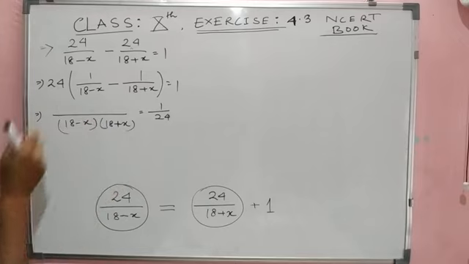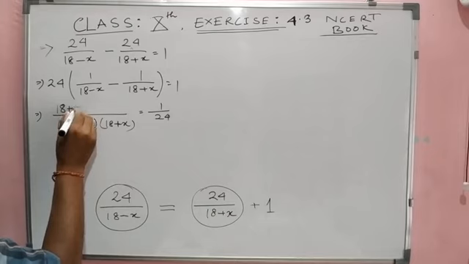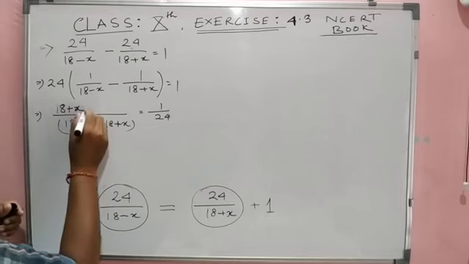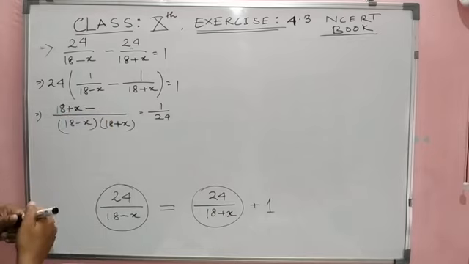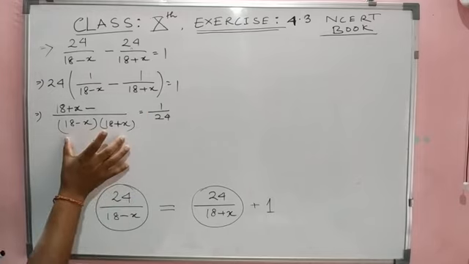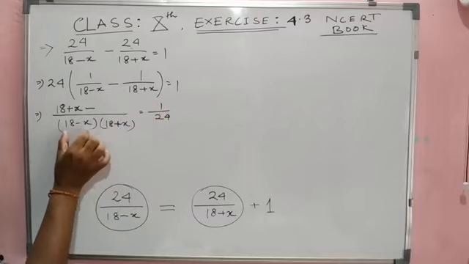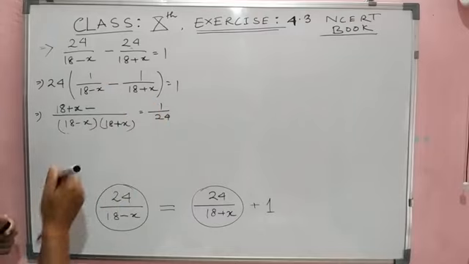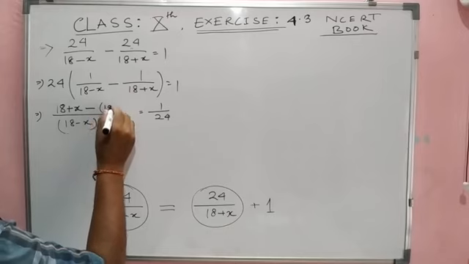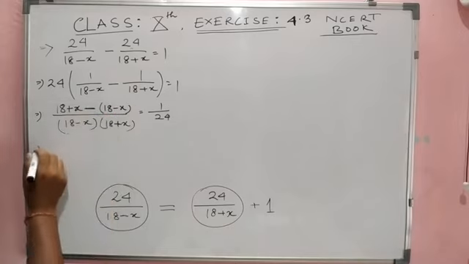This will be multiplied with 1, so we get 18 plus x, and there is minus. Again the same thing, we divide this LCM by 18 plus x, this and this will cancel, this will remain, and we get 18 minus x. As there is minus, we have to put a bracket.